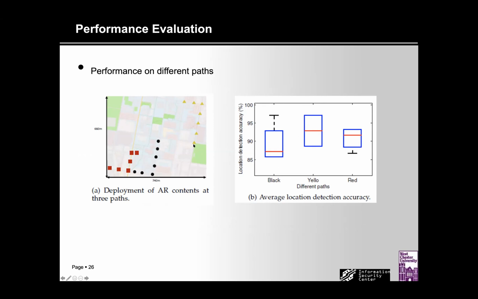The average location difference result is shown in this figure. You can see there is some performance difference for different paths. The performance may vary due to the interference or other factors in the GPS signal. But overall, the location detection accuracy is beyond 85%, which is still considered good.